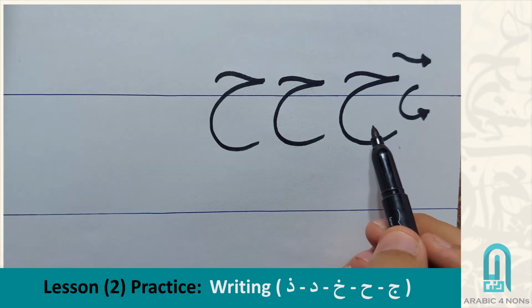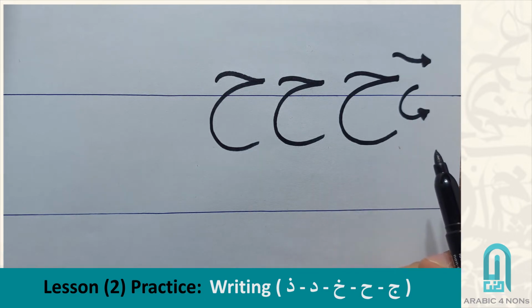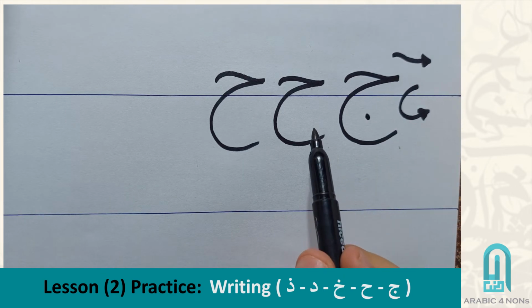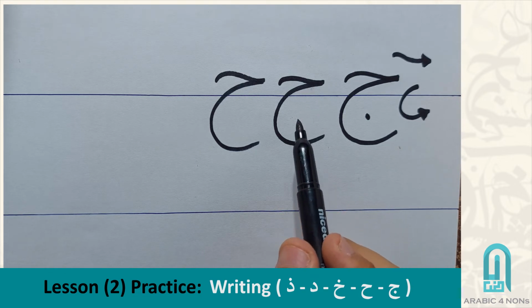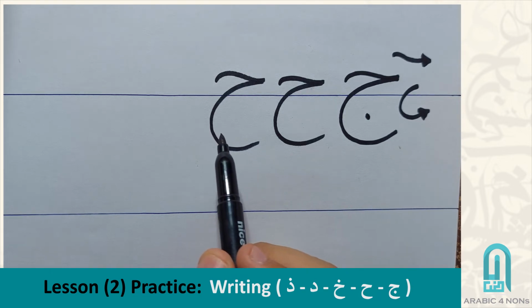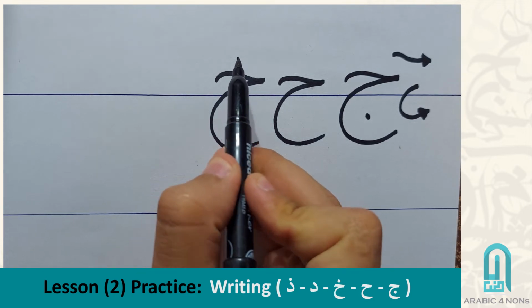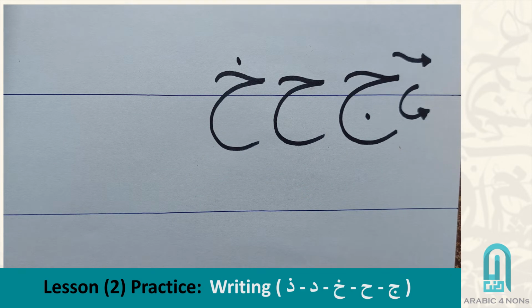The first one, letter J, has one dot below the letter inside the second curve. The second letter in this group is letter Ha, which has no dots. And the last letter, letter Kha, has a single dot on top, as you can see.